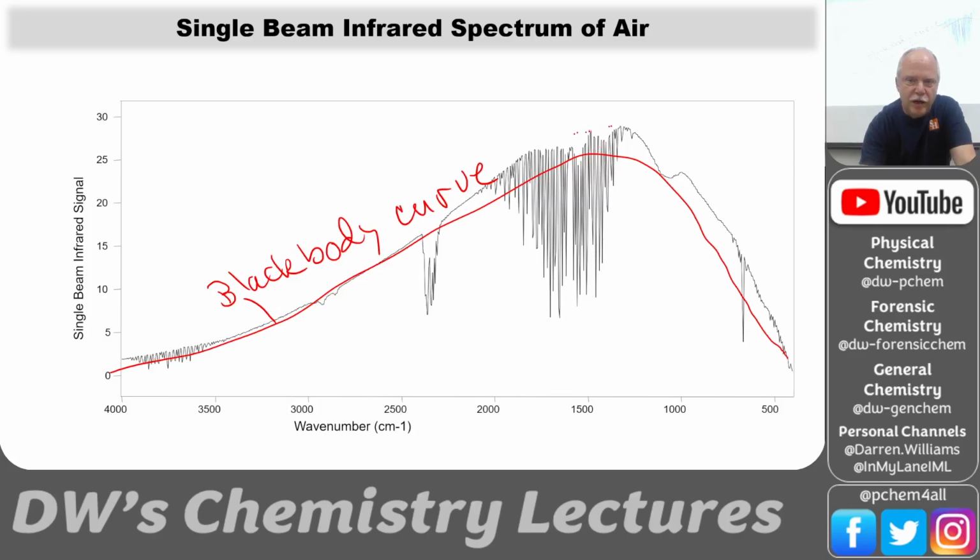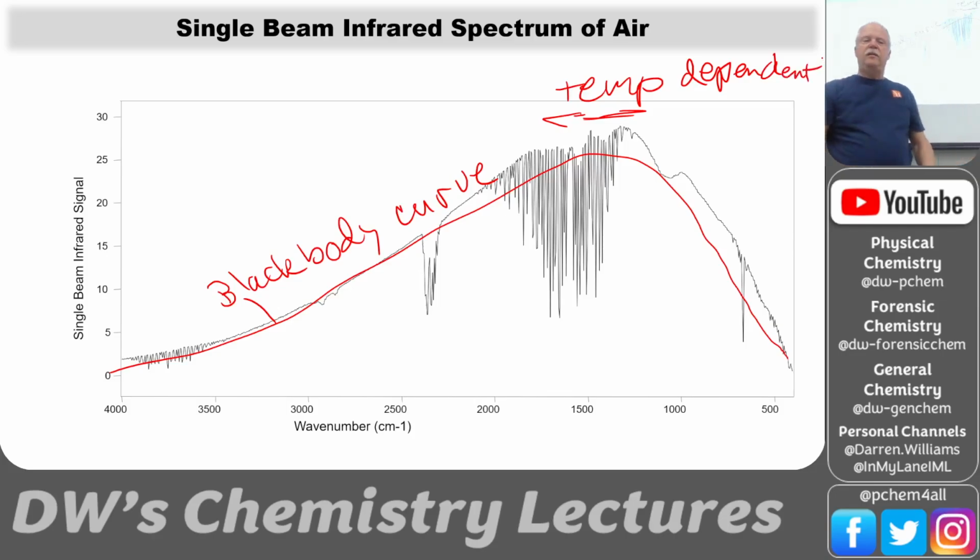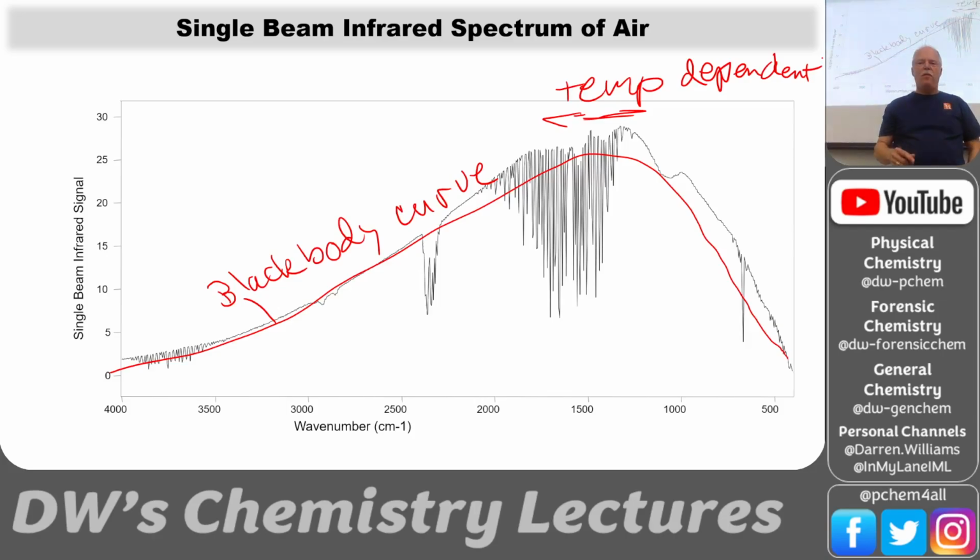And the maximum here would change with temperature. And so that's the overall shape of a single beam infrared source. And we could find that maximum, sort of model a curve to that, and we could determine what temperature our source was at. But what we want to look at is what these absorptions are.